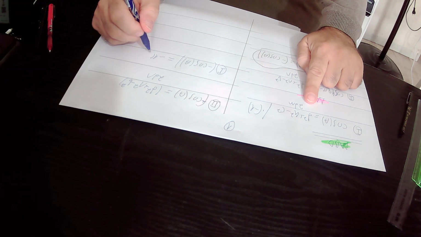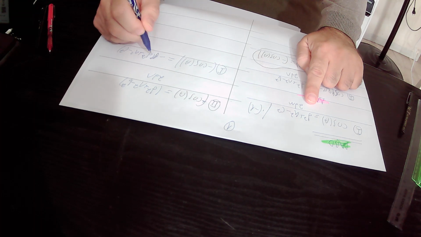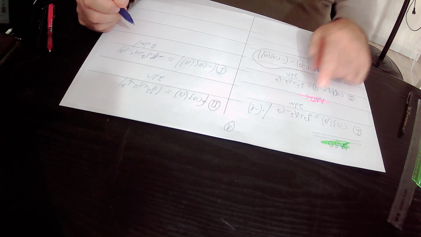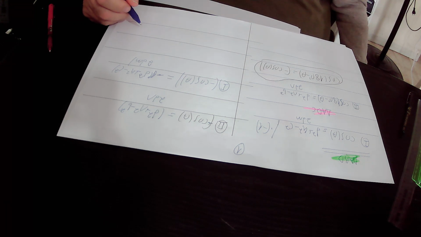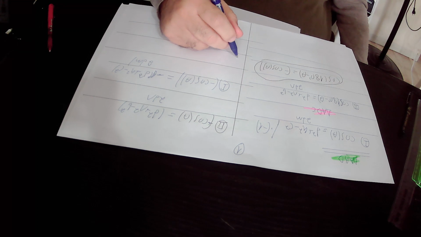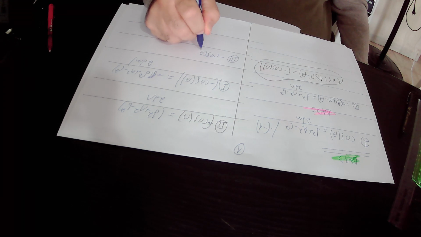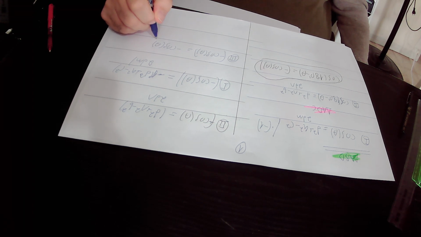Inside the brackets we have D square plus A square minus C square over 2 times D times M. So we have two different expressions for minus cosine theta. Therefore, we'll create the equation number 3 that states that minus cosine theta, according to equation number 1, must be equal to minus cosine theta according to equation number 2. Very simple. Okay?